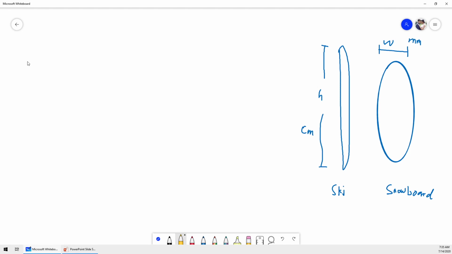Let's say we have some training data, some measurements of skis and snowboards, and let's try to plot them. So here's our table. We have here our height, and we have here our width. This is in centimeters, and this one is in millimeters.